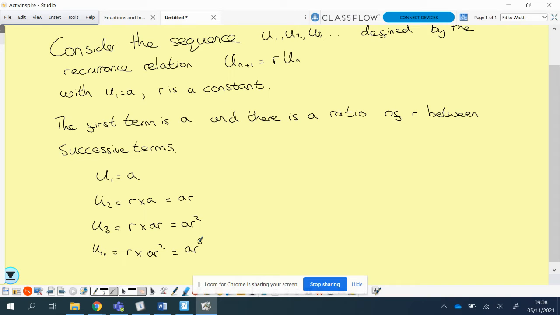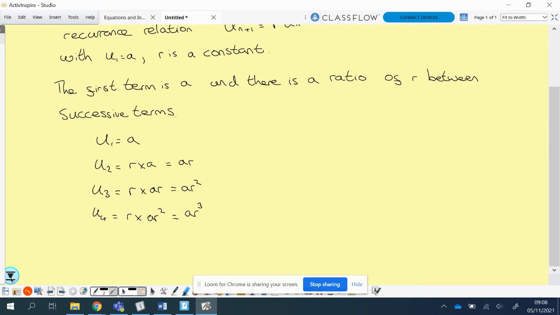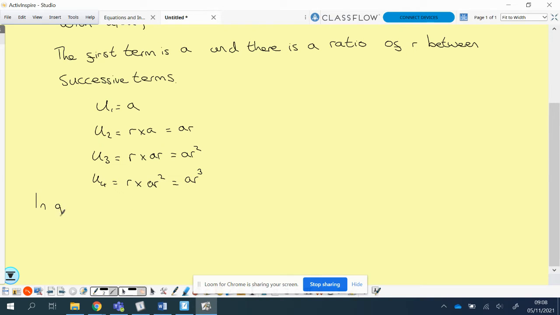And so on. You can see the pattern straight away when you look at the powers. So in general, the nth term, which is Un, would be A R to the power n minus 1.